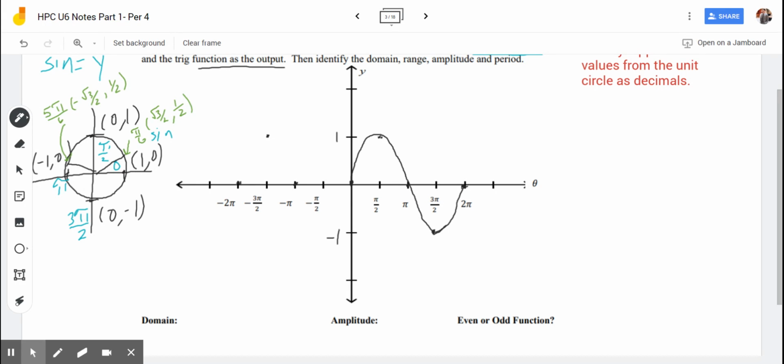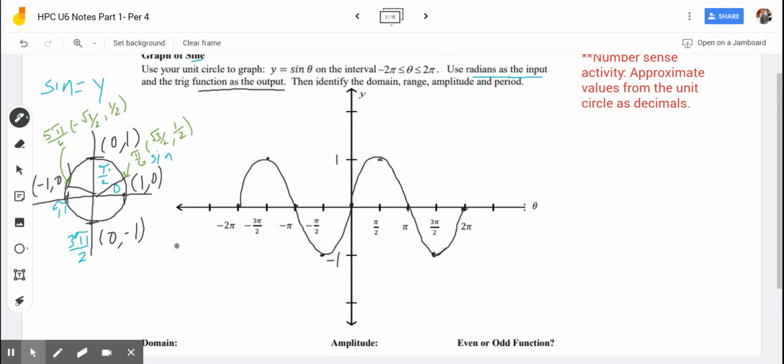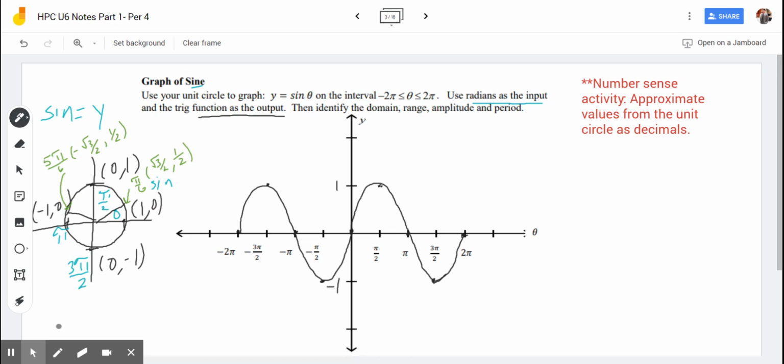At negative pi over 2, that's coterminal with 3 pi over 2, so we're going to be at -1, and then we're back to 0. So this is 2 periods of the sine function. Now let's go over the characteristics of the graph of sine.